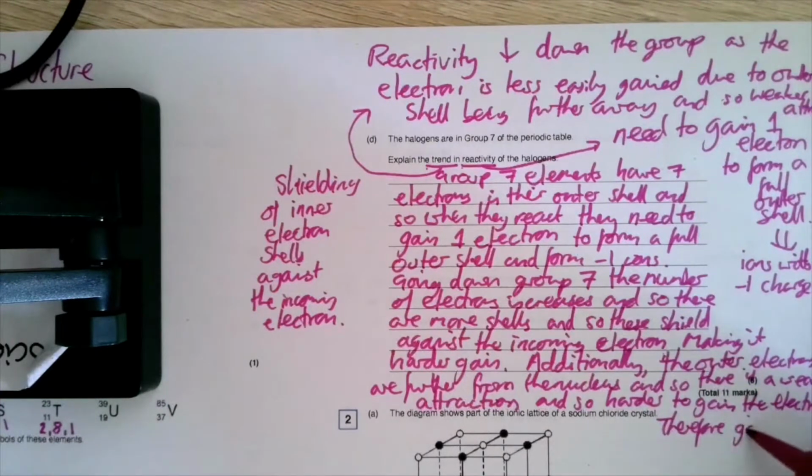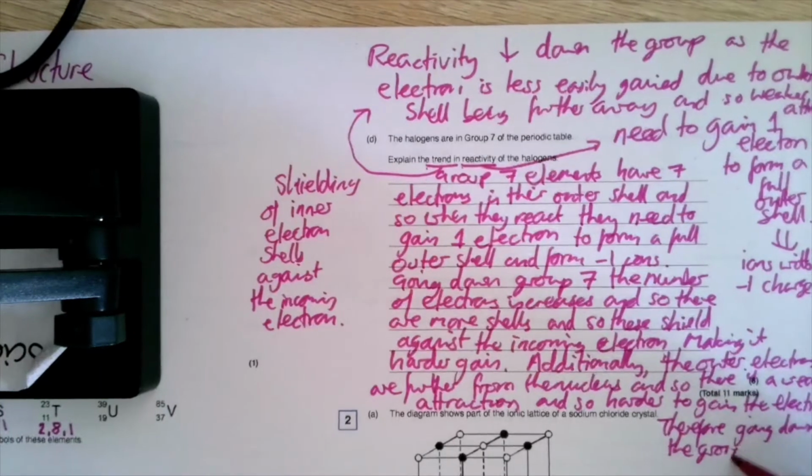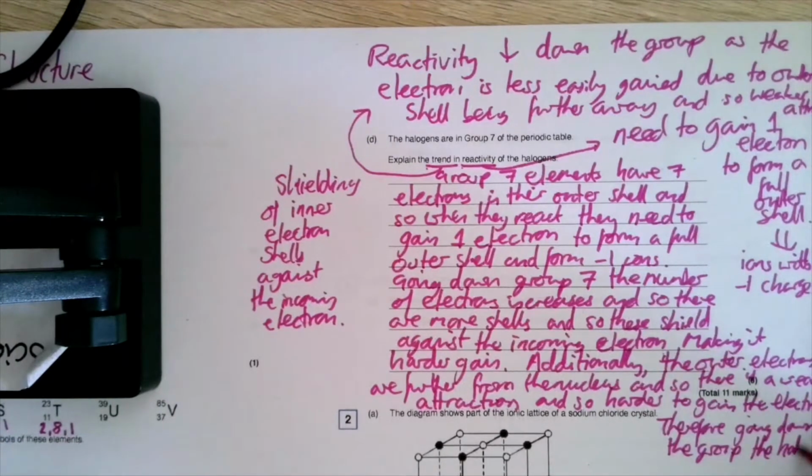Therefore, going down the group, the halogens become less reactive.